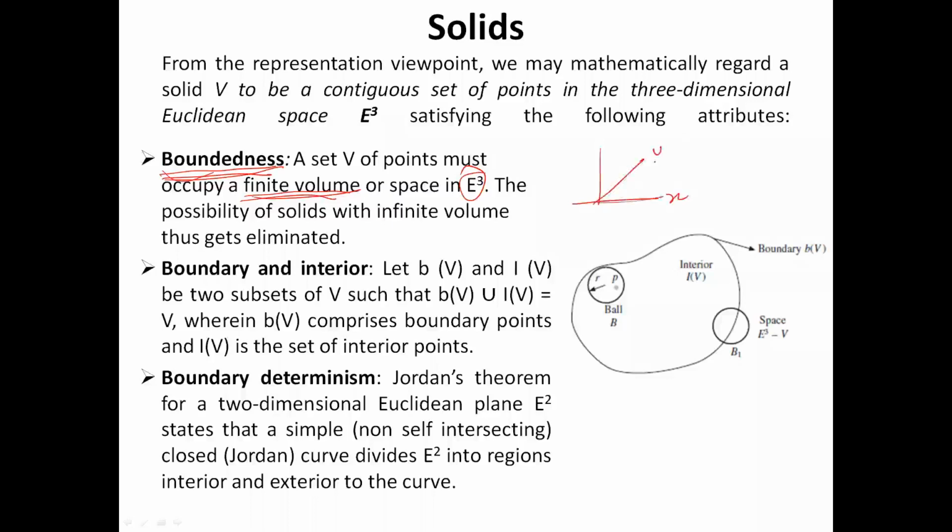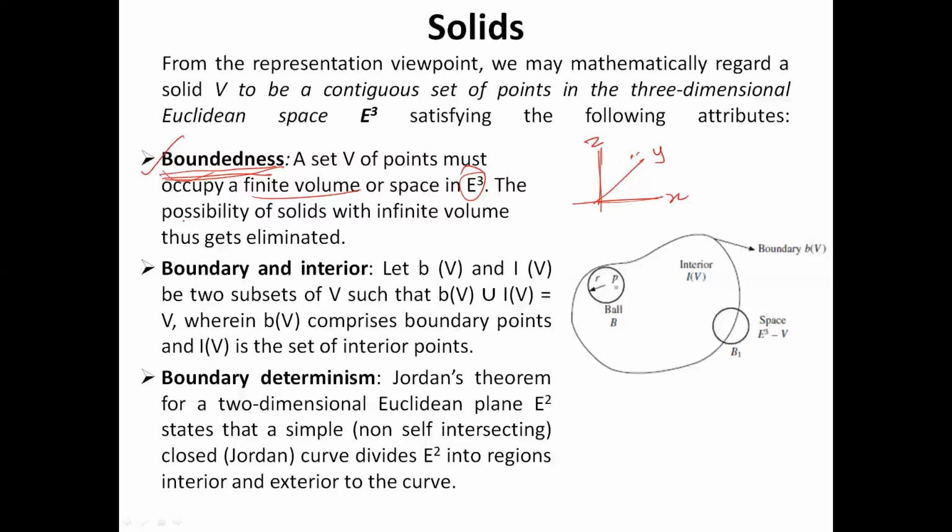So this is x, this is y, and this is z. All the points that are incorporated in order to define the solid have to lie first of all in a finite plane, and secondly, they should also lie in a known boundary. So that is the aspect of boundedness.